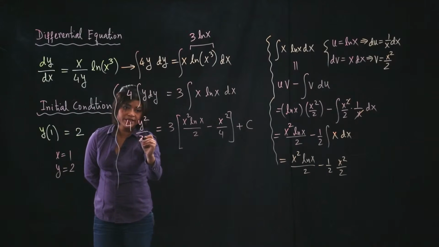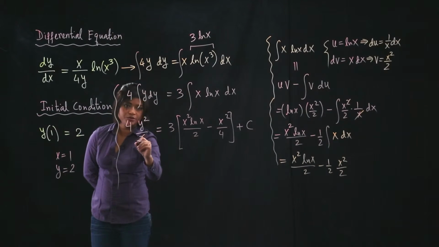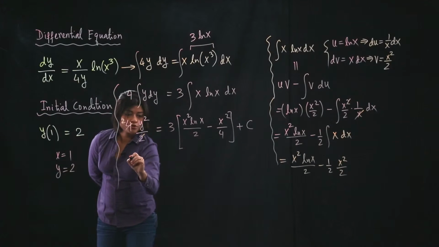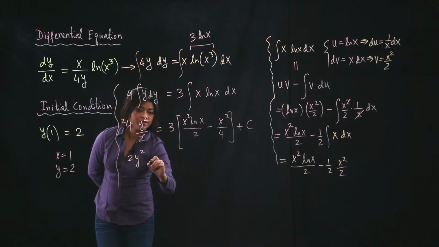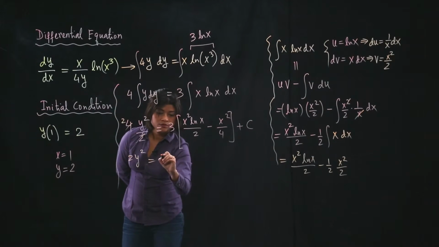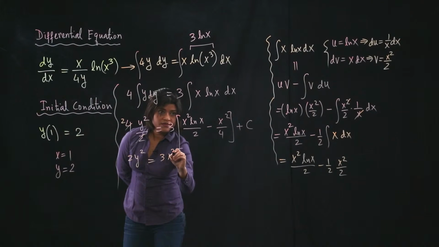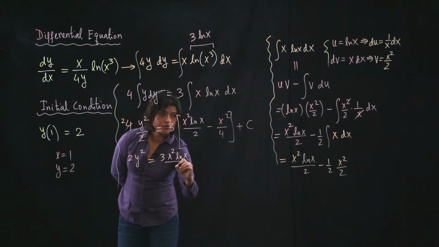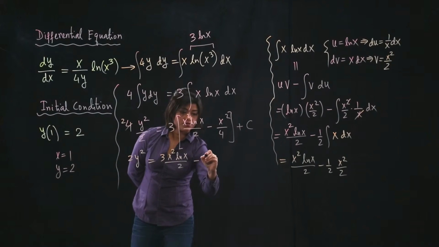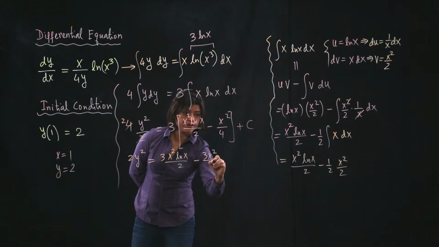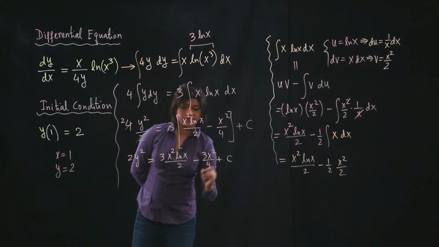First of all, notice that we can cancel the 4 divided by 2 here. So we have 2y squared is equal to 3x squared ln of x over 2 minus 3x squared divided by 4 plus c.